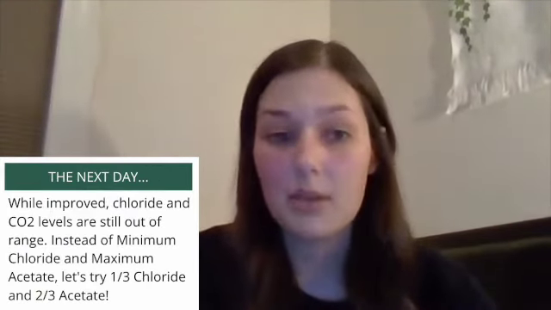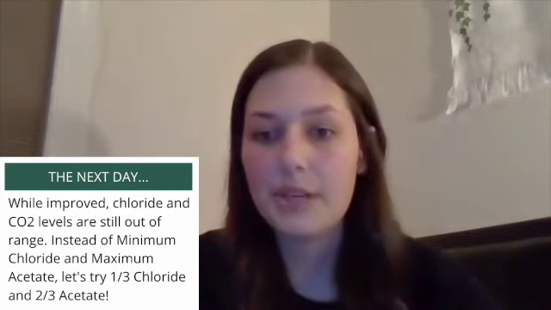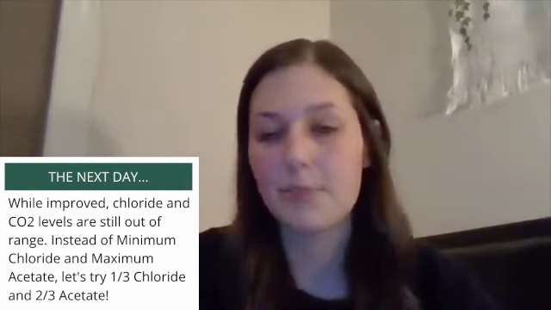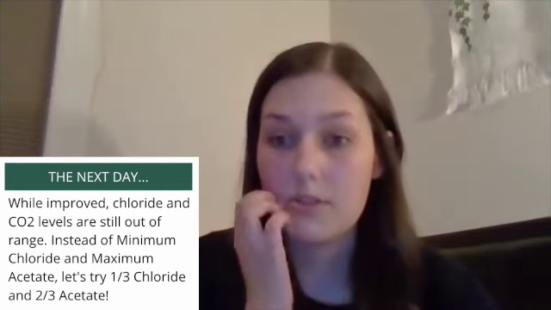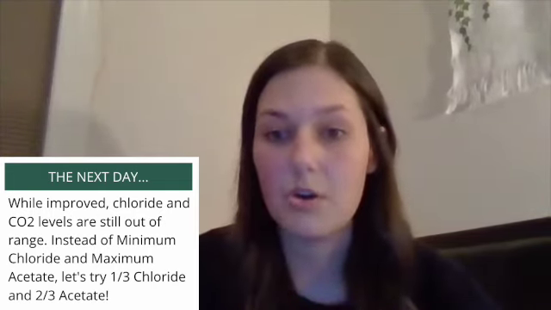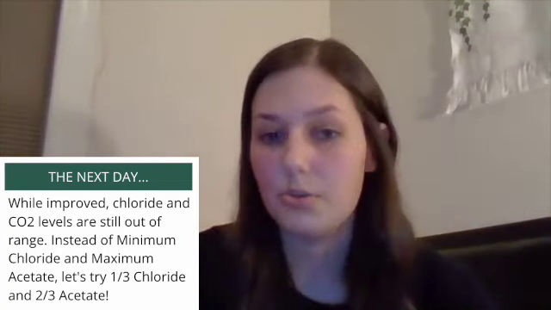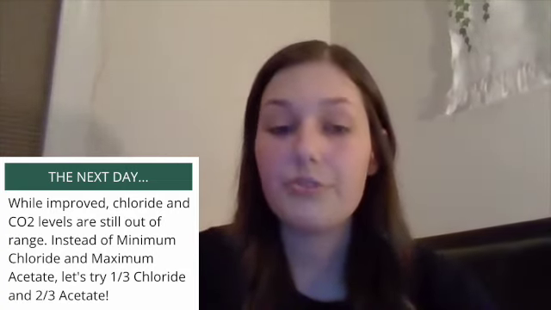Our chloride and bicarb on the labs have improved drastically, but they still remain a bit hyperchloremic. So instead of doing minimal chloride and maximal acetate, we might want to do something closer to a balance. So I picked a ratio of 1/3 chloride to 2/3 acetate to hopefully further correct the imbalance, but not quite as drastically as we did the day before.